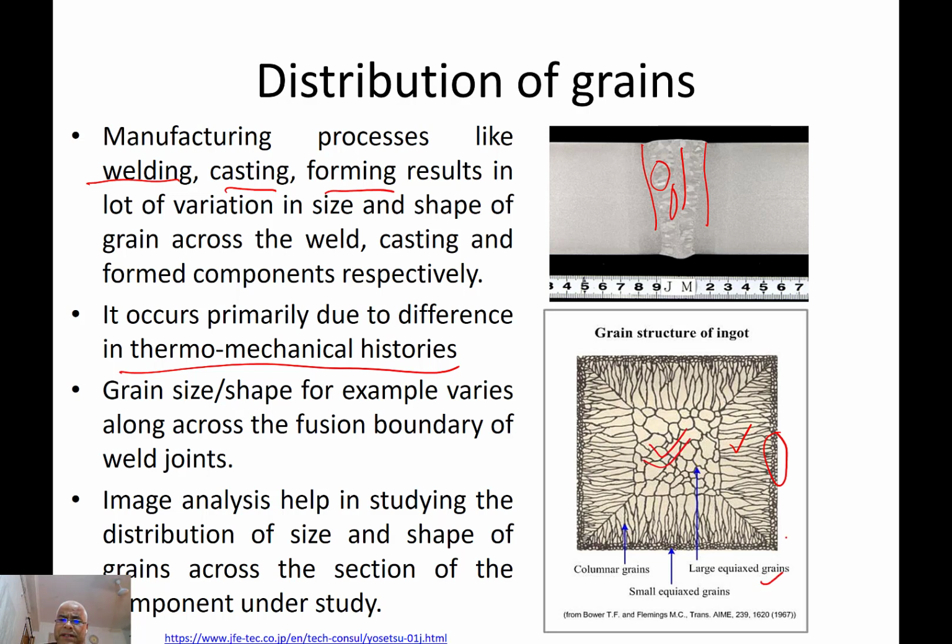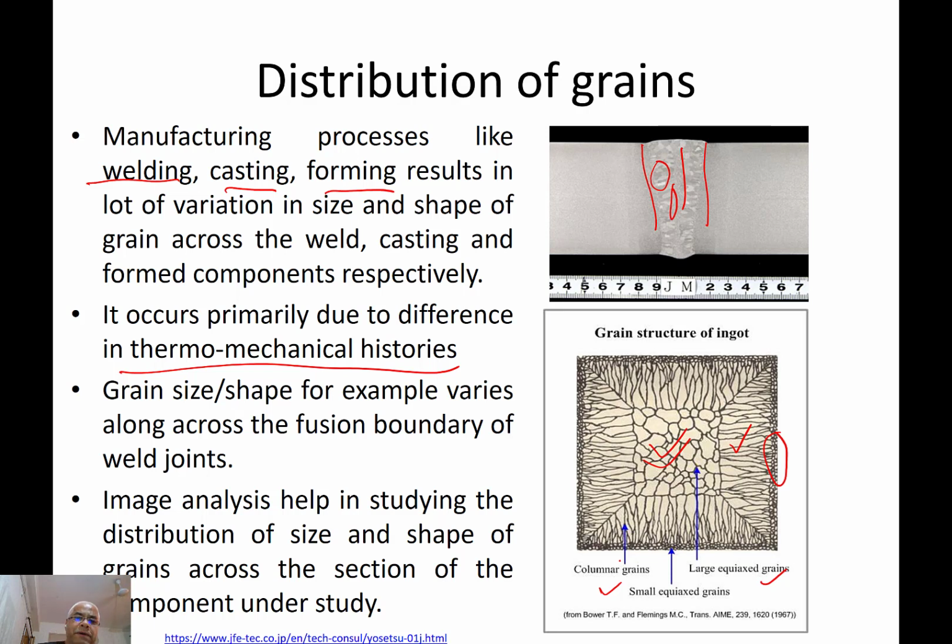So large equiaxed grains at the center, small equiaxed grains at the skin or surface of the cast component, and these differences are primarily observed due to the difference in the kind of thermal cycles experienced during welding, the cooling rate experienced by the component during casting, or the kind of deformation and strain experienced by components produced by forming, rolling, and forging processes.